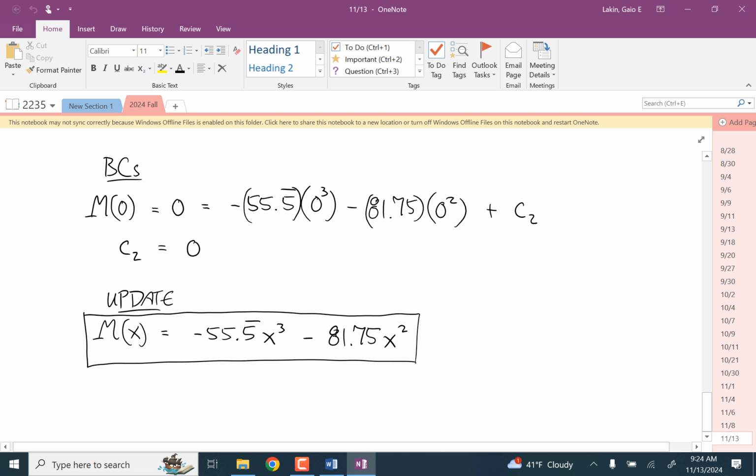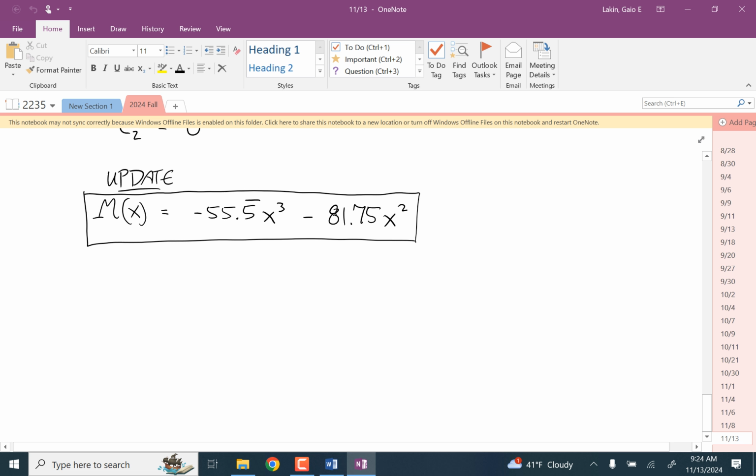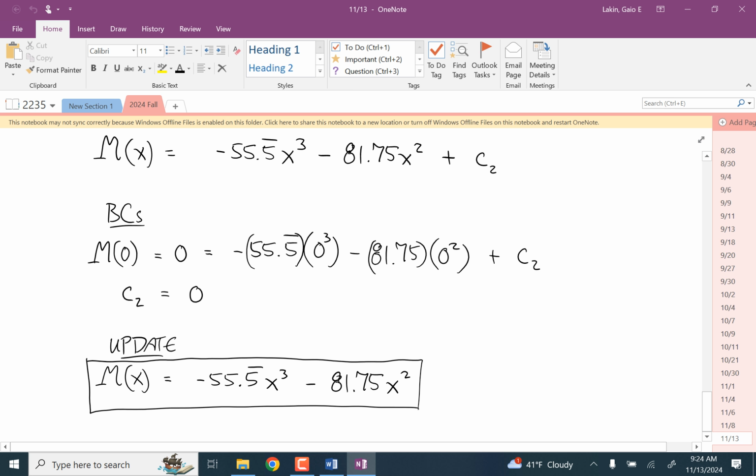If you have more than one cut, does the check still work? The checks do not work, but you can still calculate those internal loads at that point and use that with this same boundary condition approach.